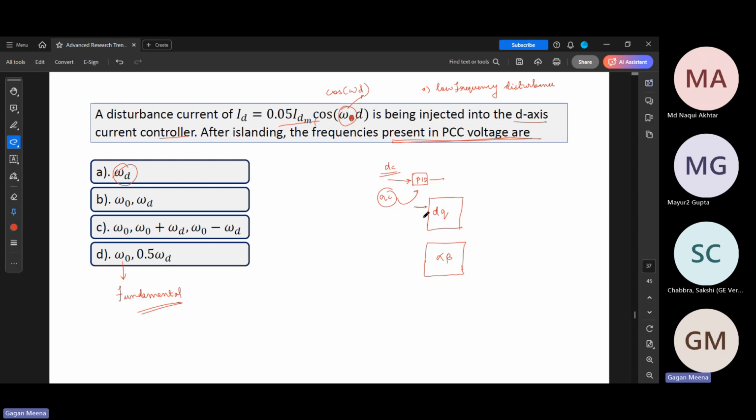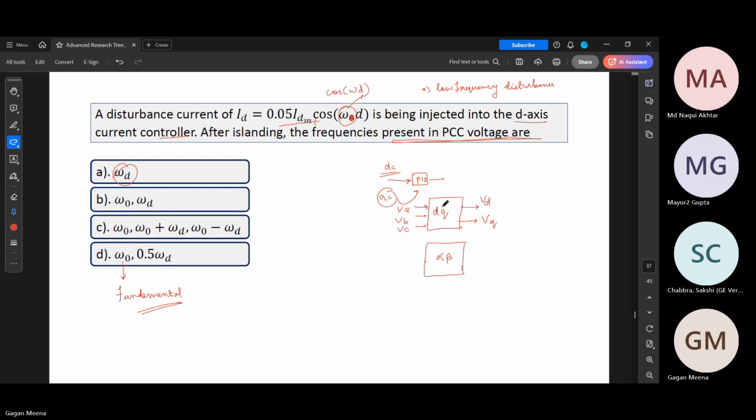But if we give the ABC phase quantities, VA, VB, VC, and transform them to a new reference frame, then we get VD and VQ.